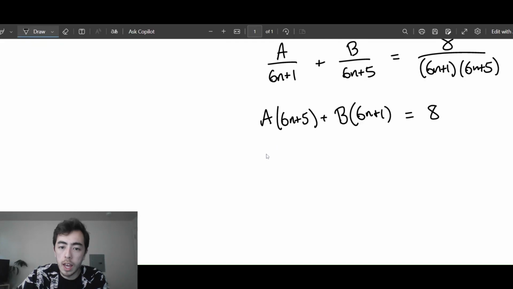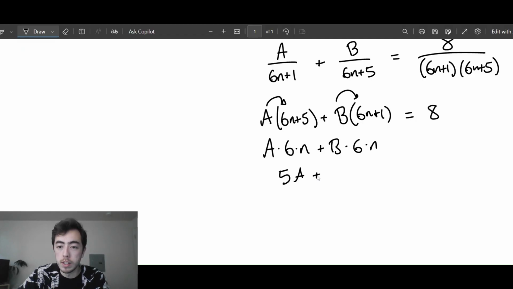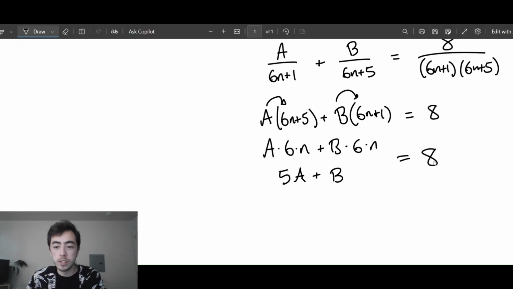We're going to get a times 6 times n plus b times 6 times n. I'm doing these distributions first. Then we're going to get a 5a plus a b, and all of these altogether are going to be equal to 8. And the interesting thing here is that there's no n's on that side.